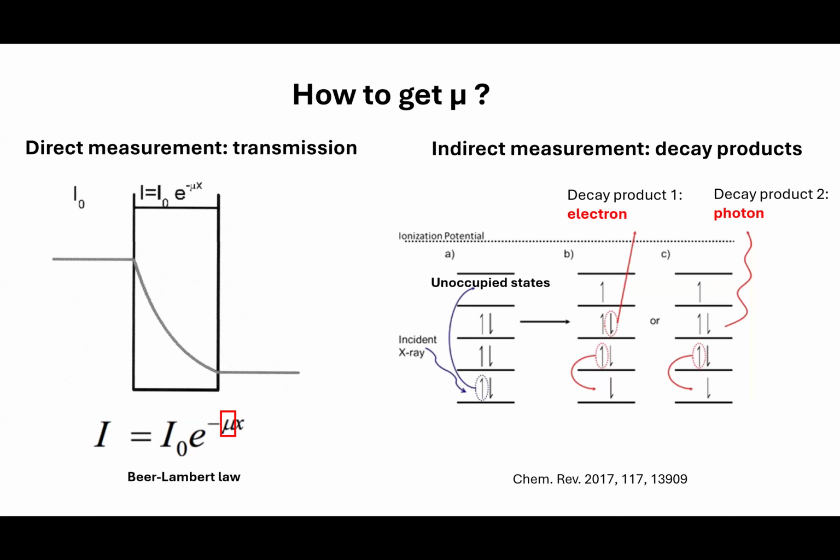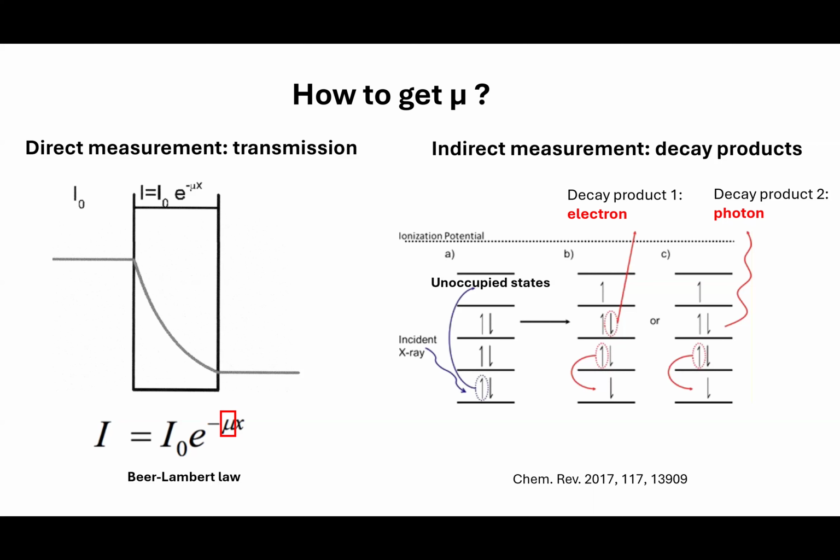Once we generate this core hole in our material, because the core hole is extremely unstable, right, the system has to stabilize itself through a shaking down process. And how to do that? It has two choices. One is to have a valence electron fill the hole, and they release the energy difference in the form of an electron. The other is in the form of a photon.